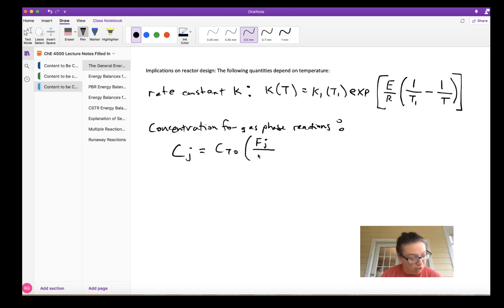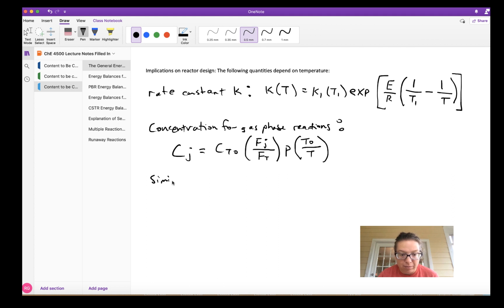So this is our concentration equation. We have been dealing with the influence of the change in the molar flow rate on the concentration, as well as the change in pressure due to pressure drop on the concentration. Now we're going to take into account the influence of temperature on concentration. So now when we write our concentration equations, we need to include this term if it is a gas phase reaction.